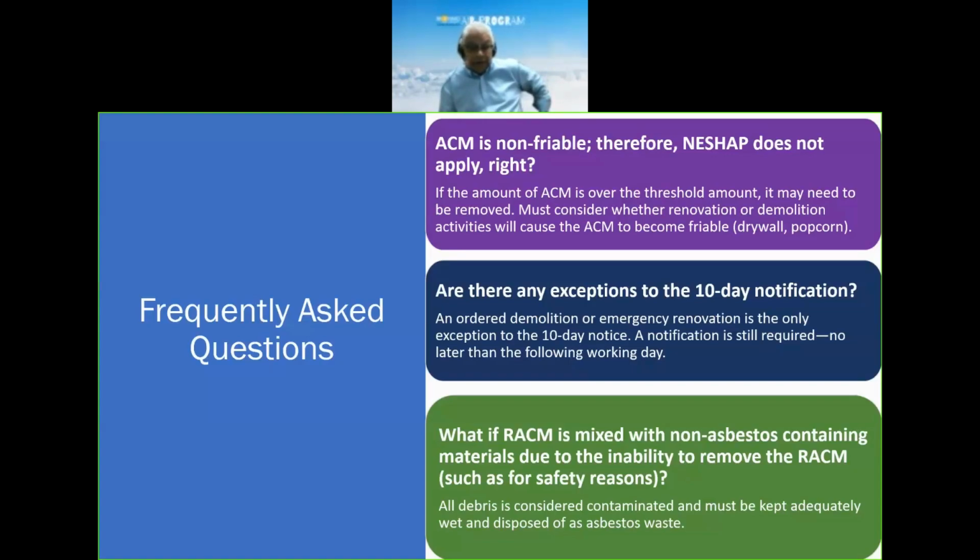Otherwise, you may have building materials out there that could pose a risk if they're not properly separated from other materials and put in a class 1 landfill, and make sure that it's properly contained, adequately wet, etc. So yeah, if you have a building that is being demolished and asbestos has not been removed, well, guess what? All materials are now considered contaminated, and all building demolition materials will have to be sent to a class 1 landfill as contaminated debris.